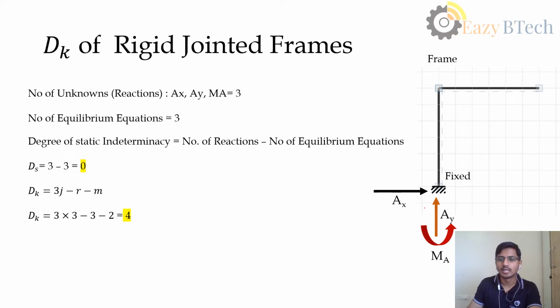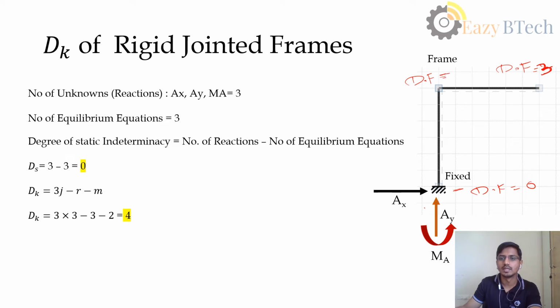Now let us see what the kinematic indeterminacy is. To find the kinematic indeterminacy here, in this part, the degree of freedom is 0. Now here, the degree of freedom at this end is 2, and here also, sorry, here it is 3.